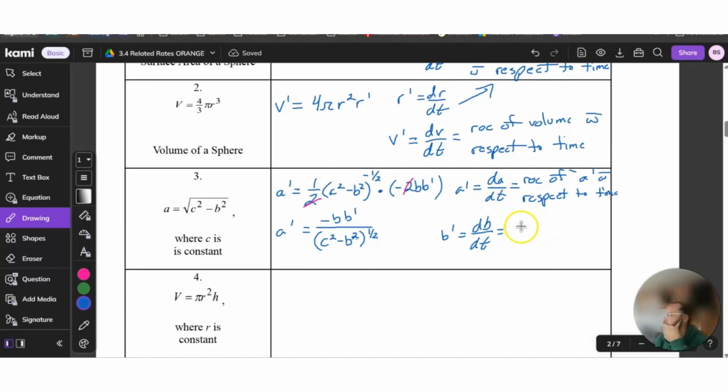The rate of change of b with respect to time.